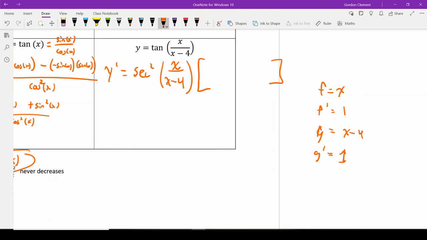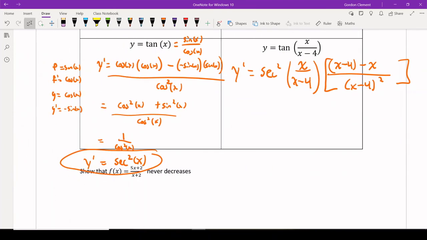Then putting the pieces together, f prime times g, so 1 times x minus 4, minus g prime 1 times f is that, all over g of x squared, x minus 4 squared. And that's good enough for a first line. Only for this one, obviously the top would simplify to just negative 4 if you wanted to simplify the top of that fraction. Would be a good start. Okay, so those are those examples.